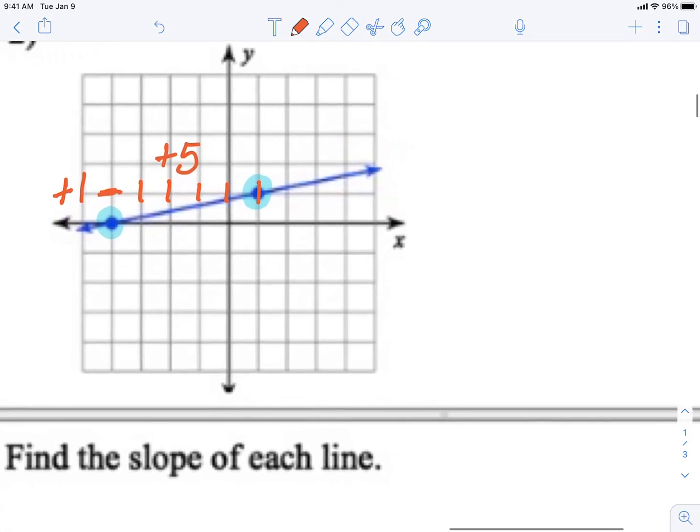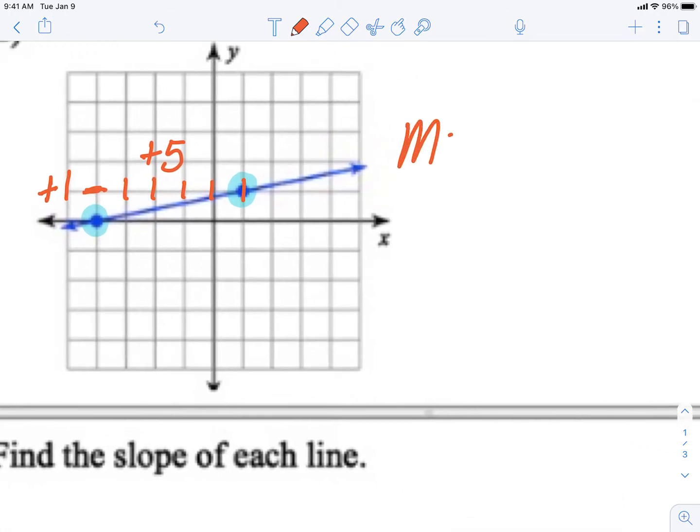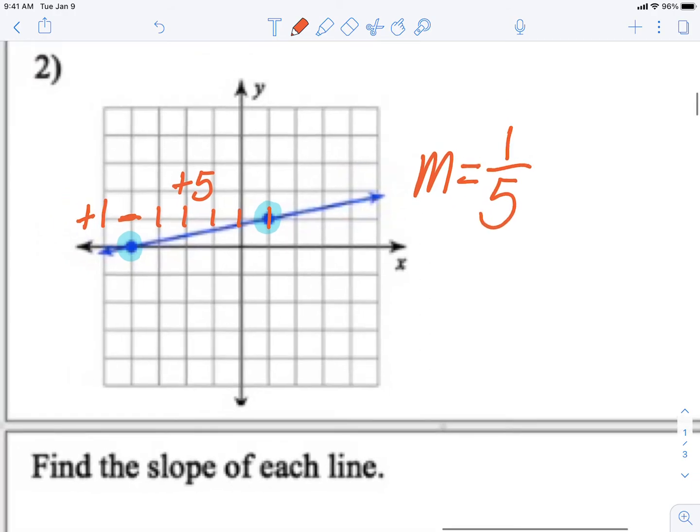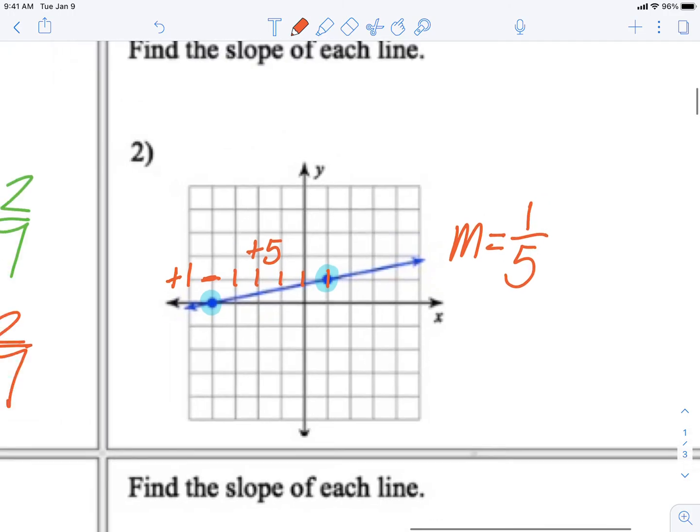So this is my m is equal to, I went up 1, so that's my delta y, positive 1. And I went to the right, positive 5, so that's my positive 5 right here. So what kind of slope is this?